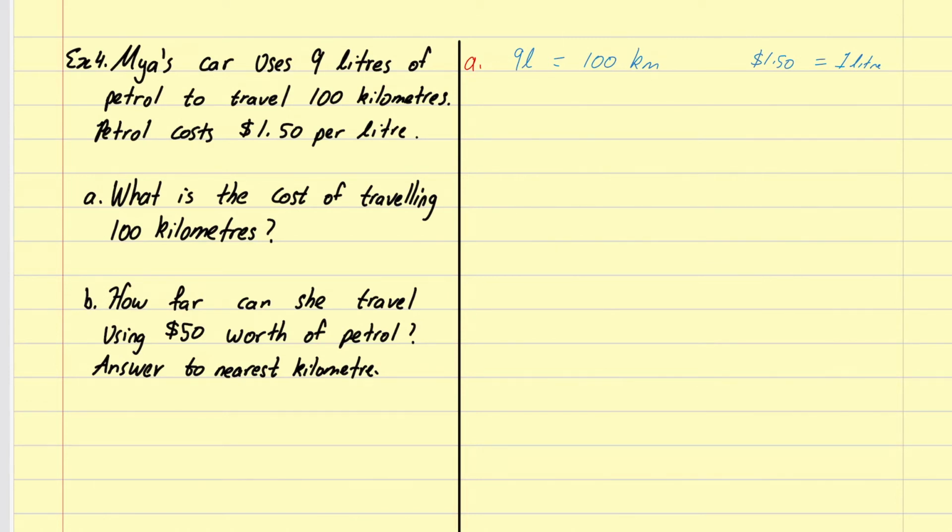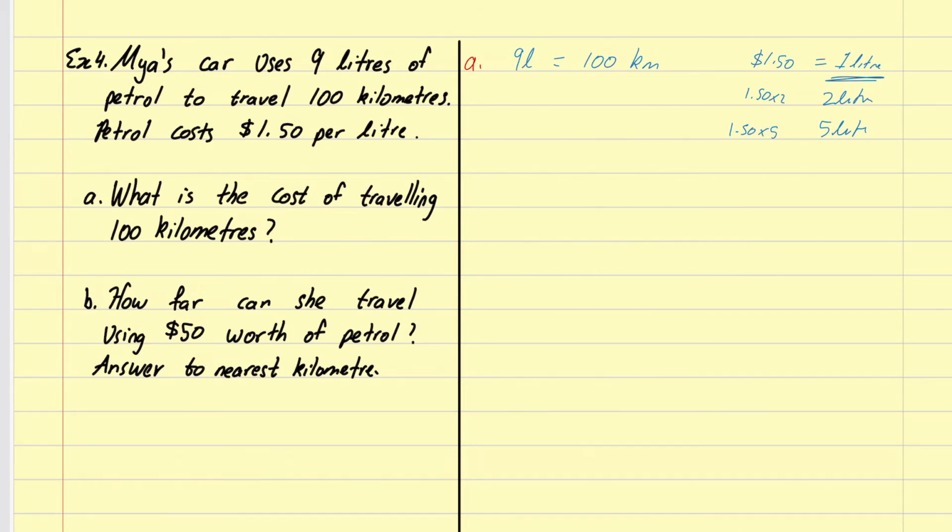Now let's have a look at the facts. Every liter that I use, that's going to cost me $1.50. So like what I was saying before, if I was to use 2 liters, that's just going to be $1.50 times 2. If I was to use 5 liters, that's going to be $1.50 times 5.